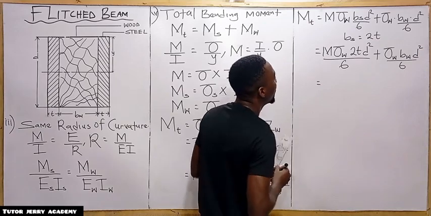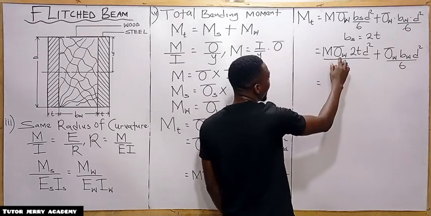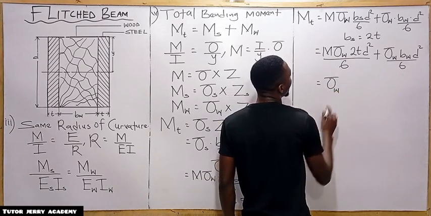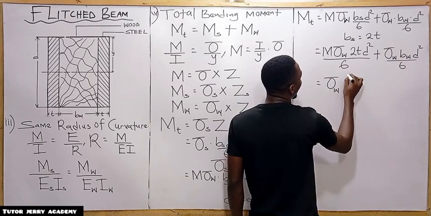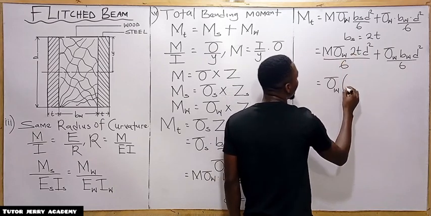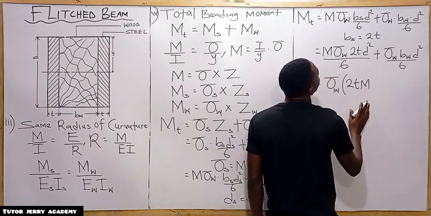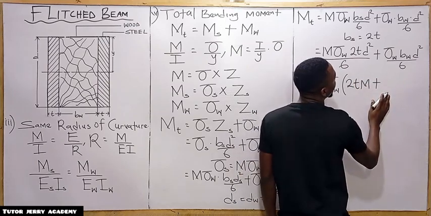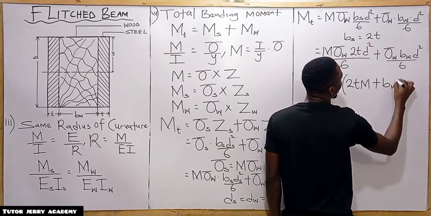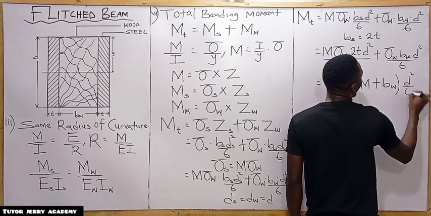All right, so if you look at this, something is common, right? We can factor out the stress of the wood. If we factor out the stress of the wood, then we'll be left with our modular ratio multiplied by the thickness, that is 2t multiplied by m, plus the base of the wood. Then we can factor out depth squared all over 6.